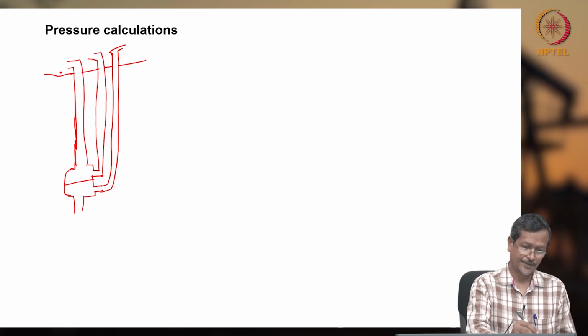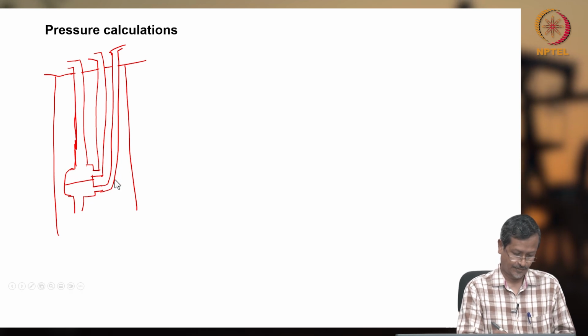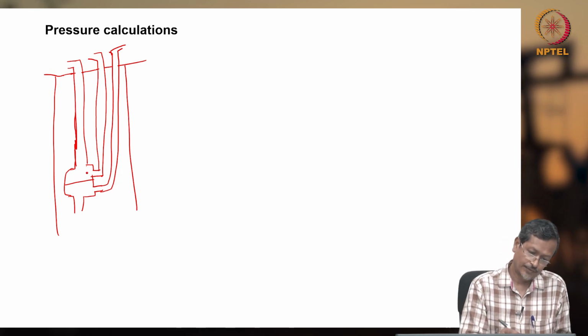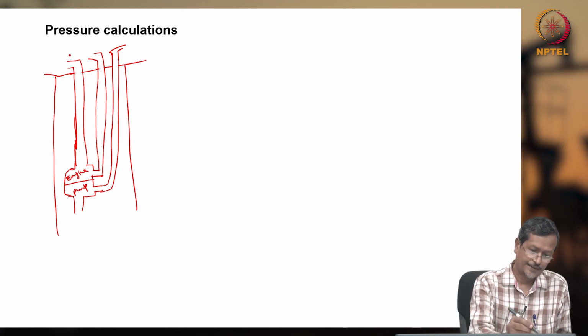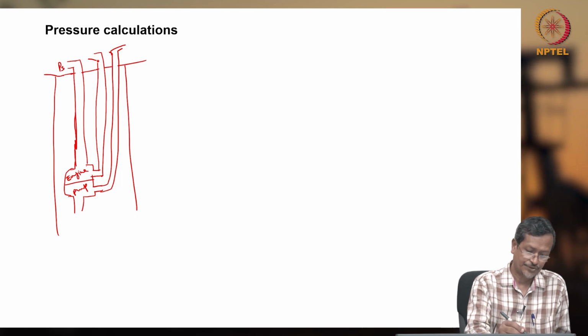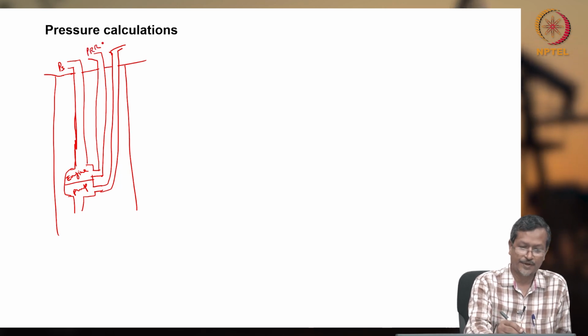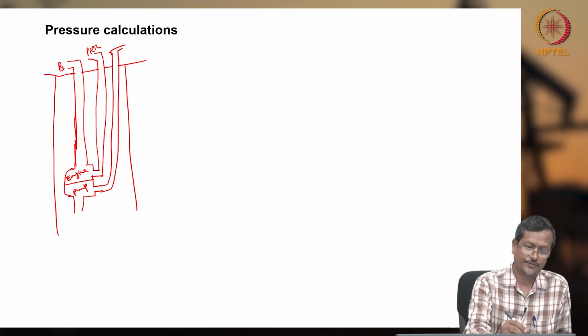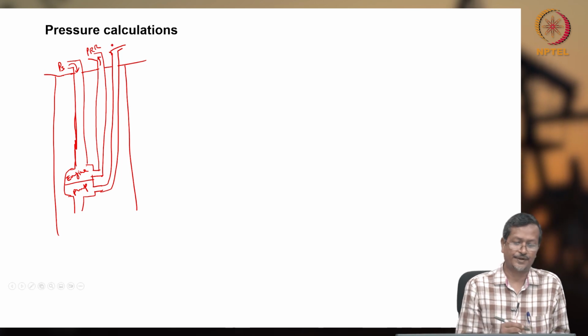Now this is my case. Now on the engine side, this is the engine, this is the pump, this is the surface pressure, this is PPR, surface power fluid return back pressure. High pressure fluid is going and high pressure fluid is returning here.